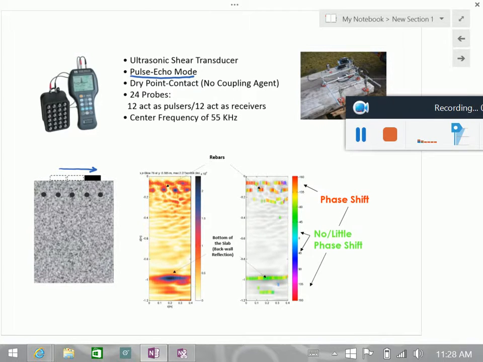You remember what we call that kind of test, when you have the transducer and receiver on both sides? Through transmission. This is pulse echo. So when you have the receiver and the emitter transducers on both sides, then this is through transmission. If you have it on one side, it's pulse echo.